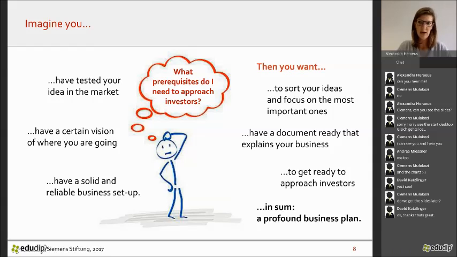If you put it onto the path of an entrepreneur, I would say very broadly that you definitely have to have an idea. You definitely have to have some kind of vision where you want to go with that idea. So it has to be something that you put some thought into, let's say it that way.